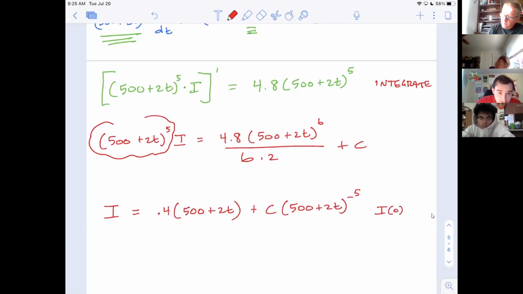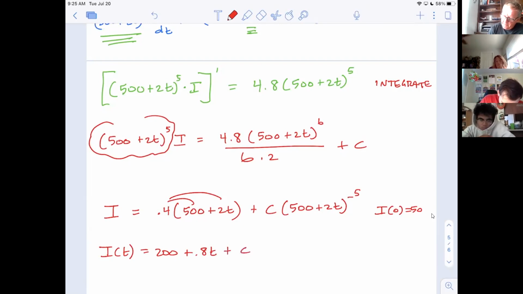And since I of 0 is equal to 50, let's see if we can even make the equation precisely correct. So I is a function of t equals... This is kind of interesting. I got the same 200 again. Then I also got 0.4 times 2t, which is 0.8t. But I'm putting in t is 0 for that.